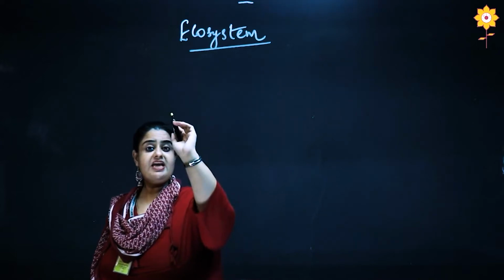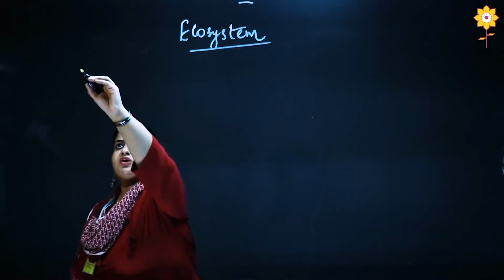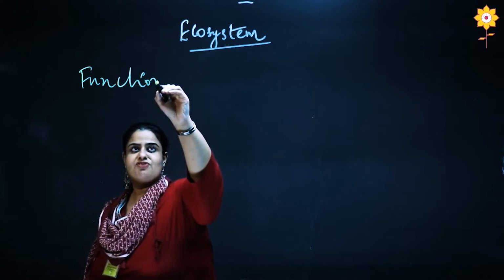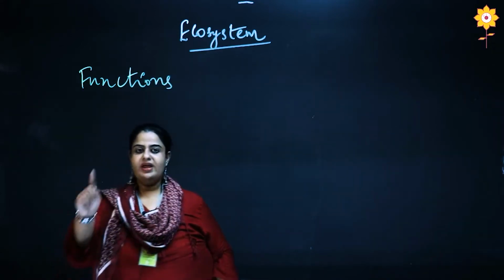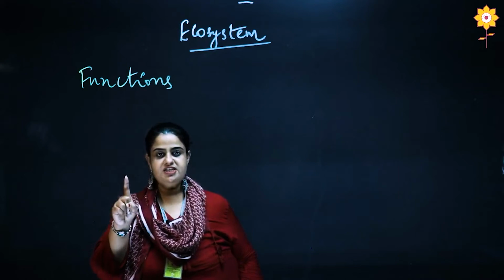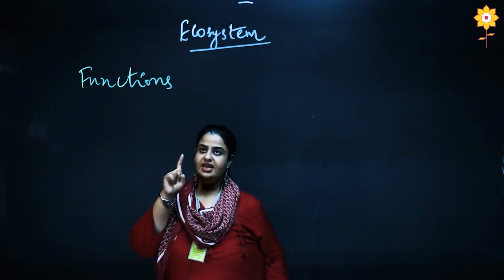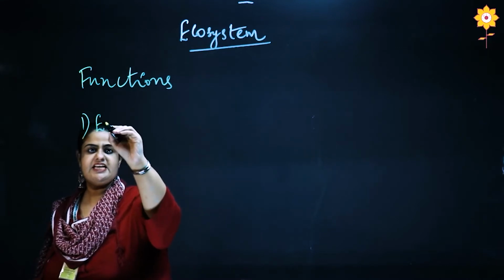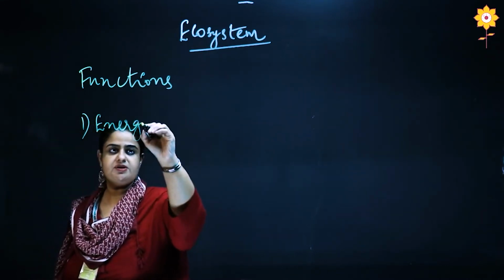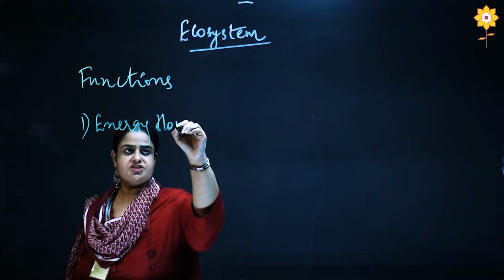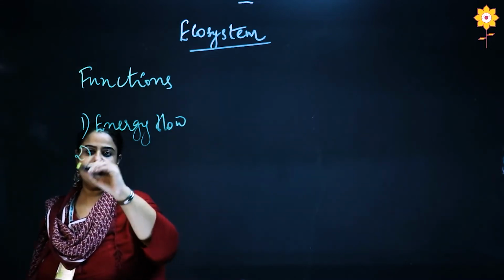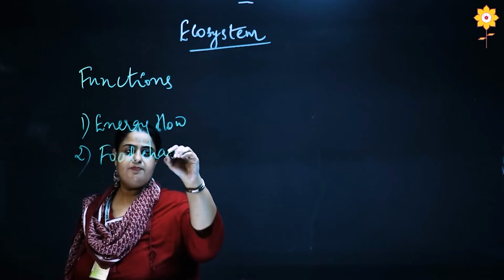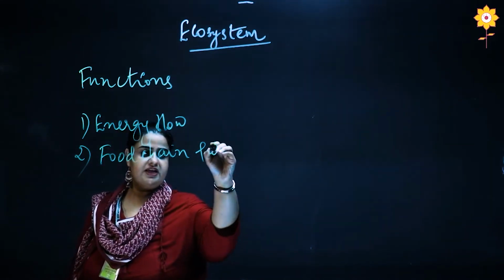Now, we are done with the structure. We move on to the next important aspect of ecosystem, that is the functions. When I am going to discuss the functions of ecosystem, we are going to majorly concentrate on a few aspects. That is the energy flow in an ecosystem maintained by the functions. Second, the food chain and the food web, that is the very basis of life in the ecosystem.